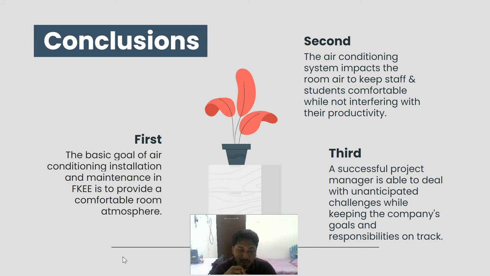The second one is that the air conditioning system impacts the room air to keep staff and students comfortable while not interfering with their productivity. And the last one, a successful project manager, of course, is able to deal with unanticipated challenges while keeping the company's goals and responsibilities on track. So this concludes the focus of our presentation.